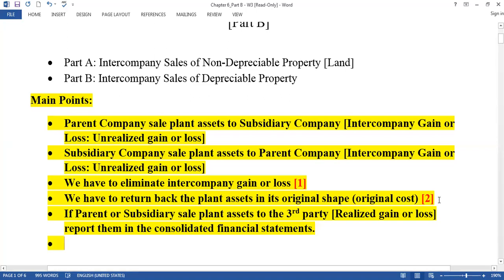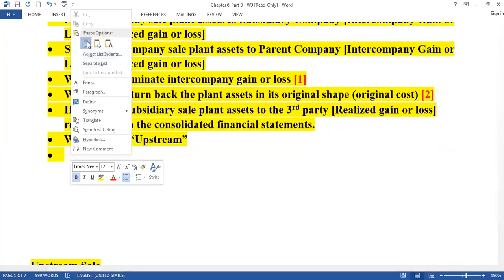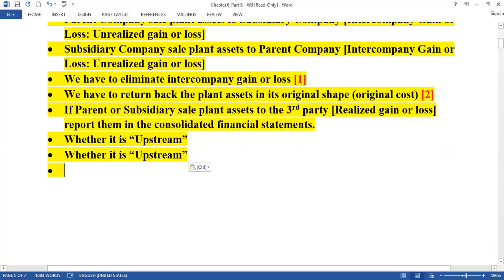Then when you read the question, you have to think about whether it is upstream or downstream.